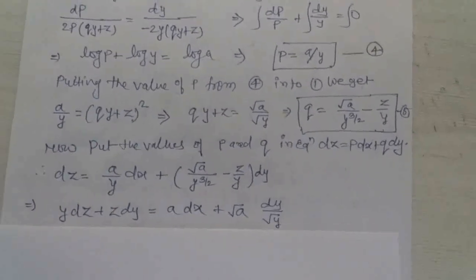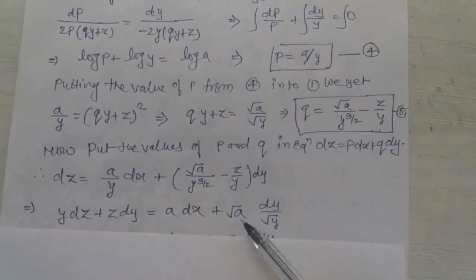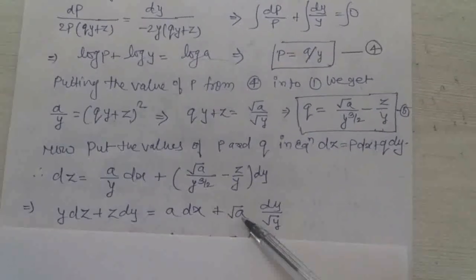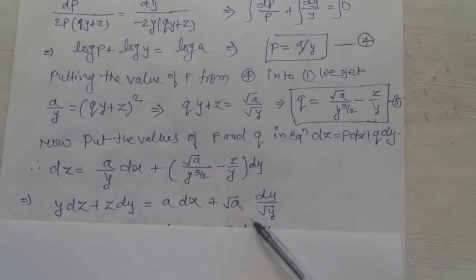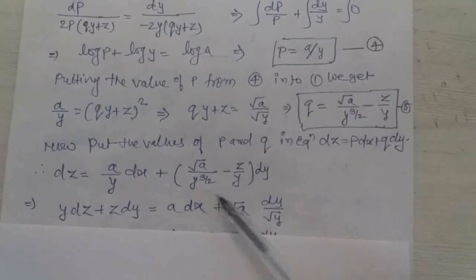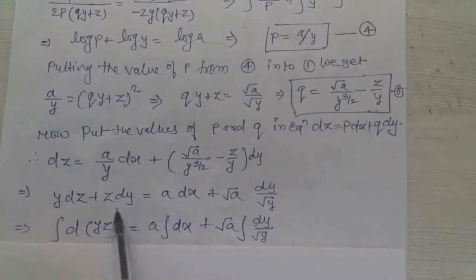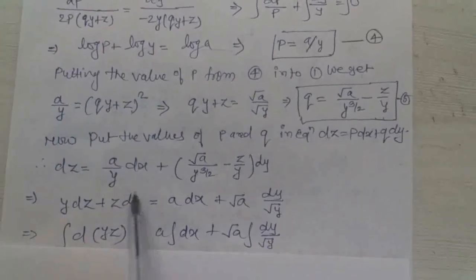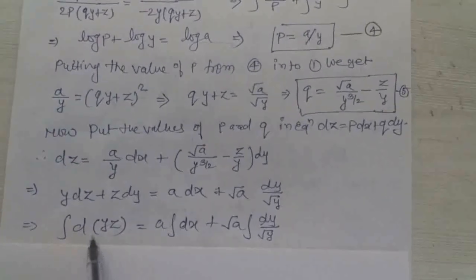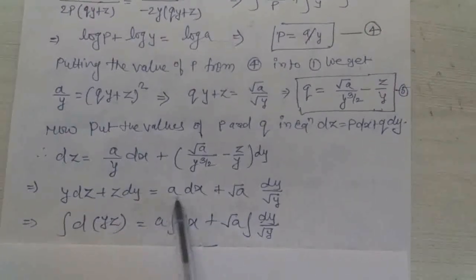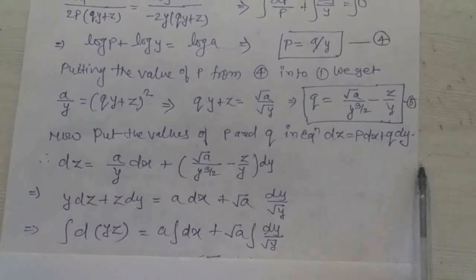So the variables are separate in this term also because a is constant, plus in this term we have root a constant, and when we multiply by y we get 1 upon root y here, so dy by root y. Now this expression y dz plus z dy, what is this? This is the derivative of yz, y into z. So it equals a dx plus root a into dy by root y.